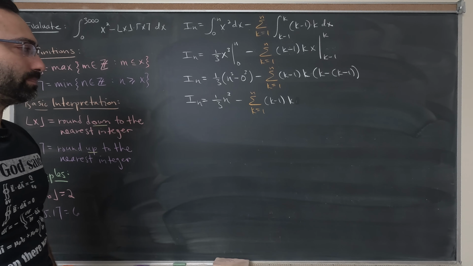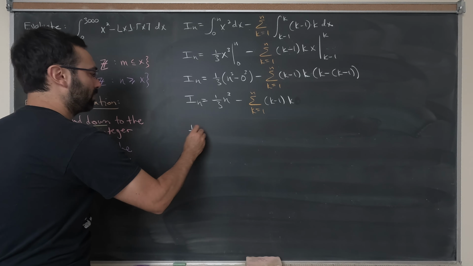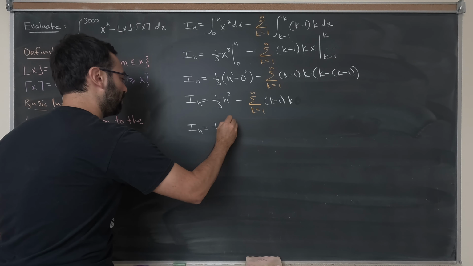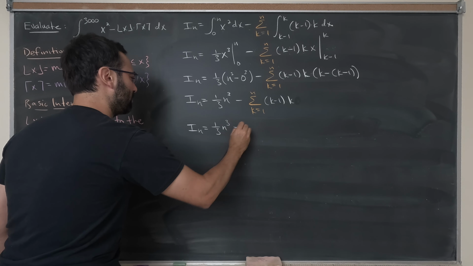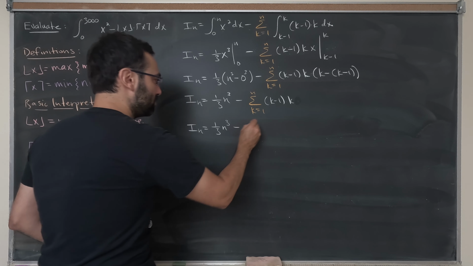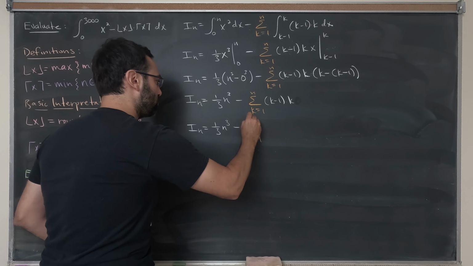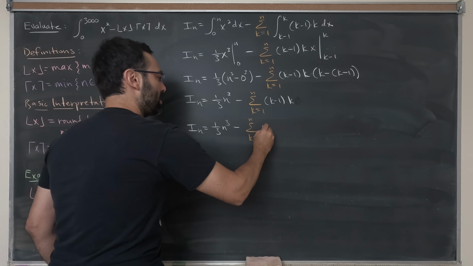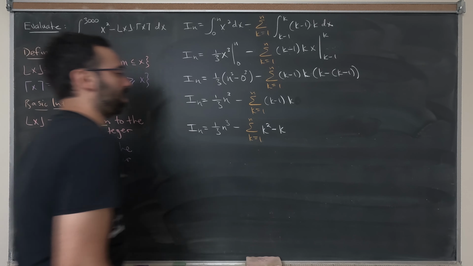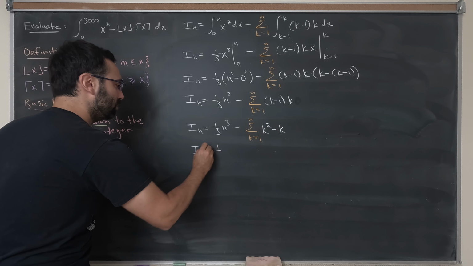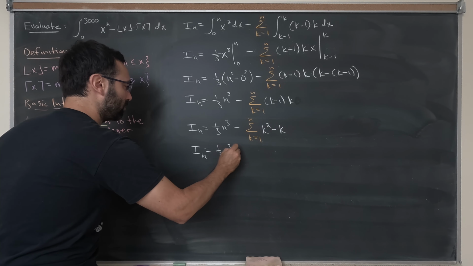Okay, good. So this gives us the following. I sub n equals 1/3 n cubed minus the sum from k equals 1 to n of, let's distribute the k here, k squared minus k. Well, if we do that, now we have two summations to work with.